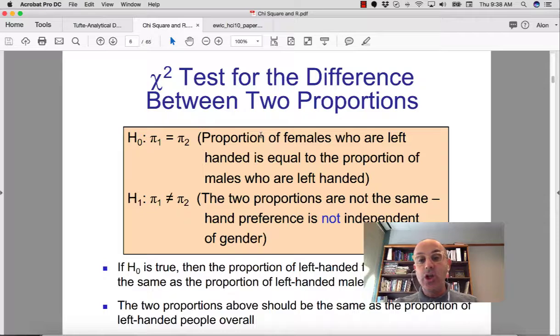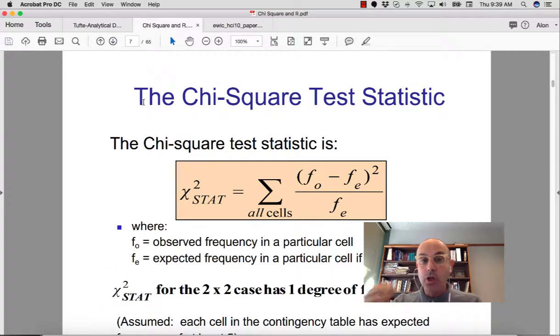Hand preference is not independent of gender. And so look at how I manipulate the idea of hypothesis testing in order to actually test and apply the chi-square in order to answer the question. So this is the idea, and I want you to see where it goes.